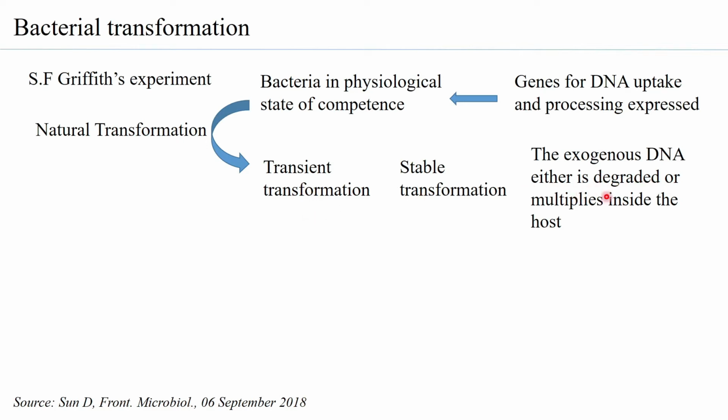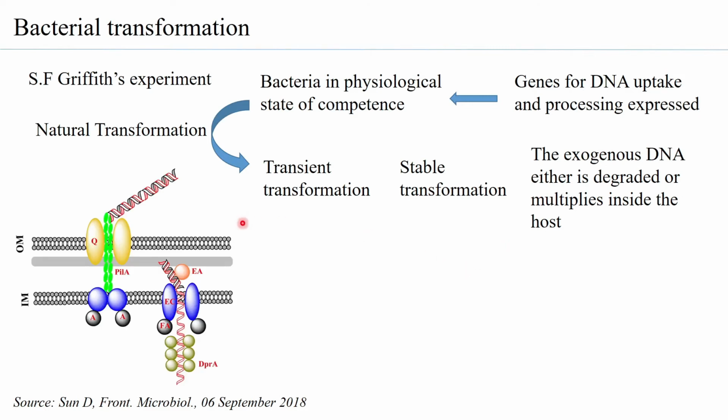But if it is present inside the cell and it multiplies, then that is what is called a stable transformation. So, say for example, a plasmid DNA is taken up and the plasmid DNA has a means of replicating, then it is able to consolidate its place within the host cell. And so that becomes what is called a stable transformation.